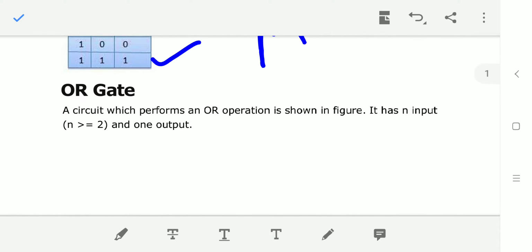Next is OR gate. A circuit which performs an OR operation is shown in this figure.